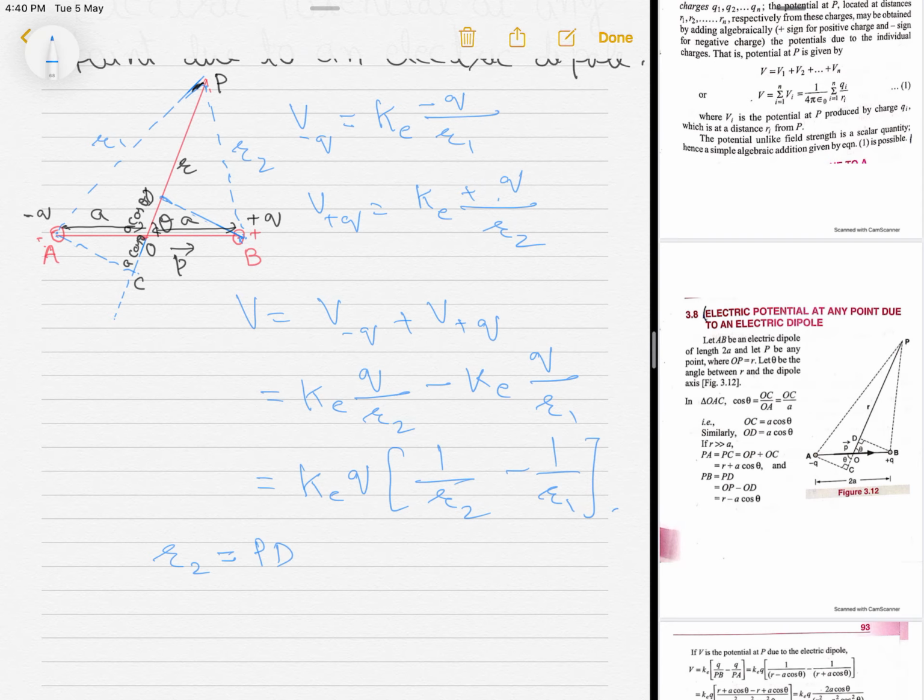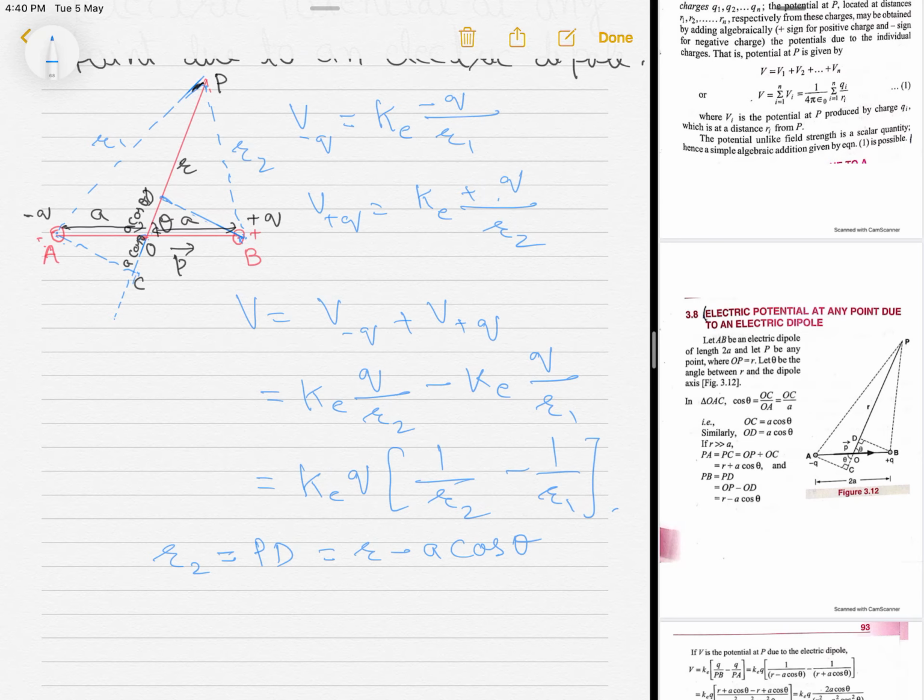If the dipole is very small, and we draw a perpendicular from B on D, then we can say PB is equal to PD, and it is equal to r minus a cos theta, because a cos theta is OD. Here the hypotenuse is a and this angle is theta, so the base will be a cos theta.